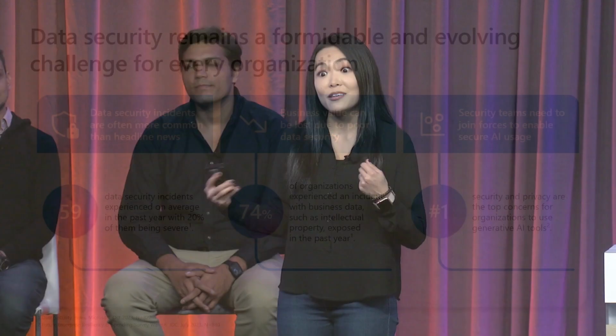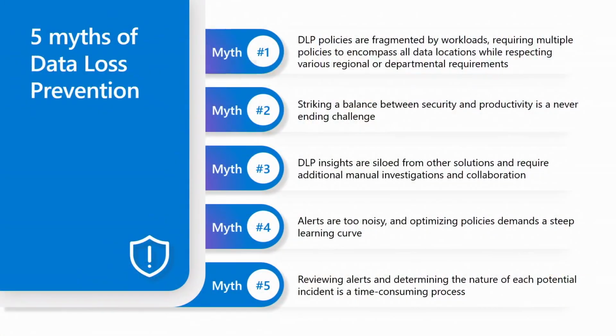With that, we need to make DLP better. However, we do hear some challenges from organizations, and we call them the 5 myths of DLP. In today's session, we will go through them one by one and show you how you can address them.